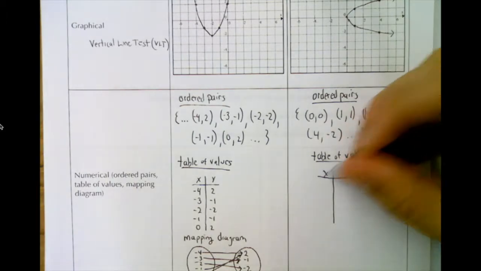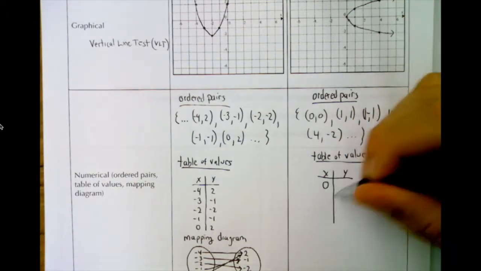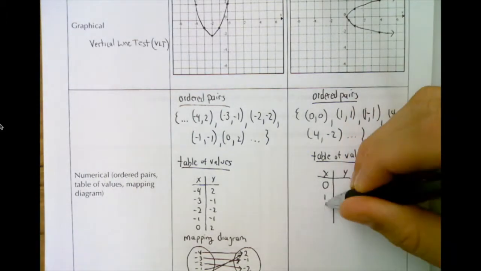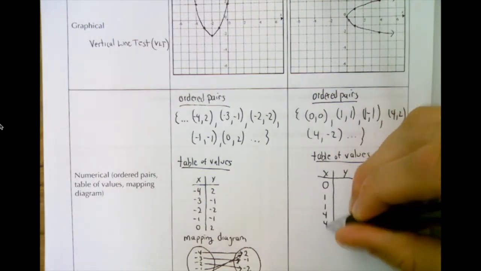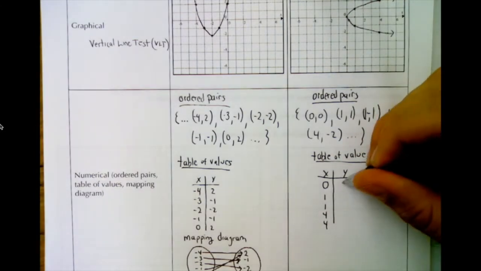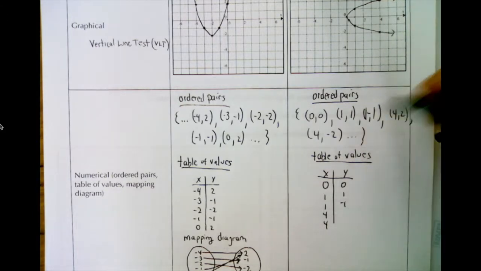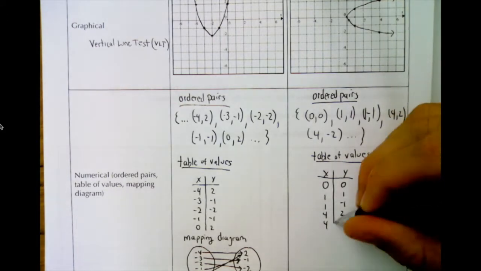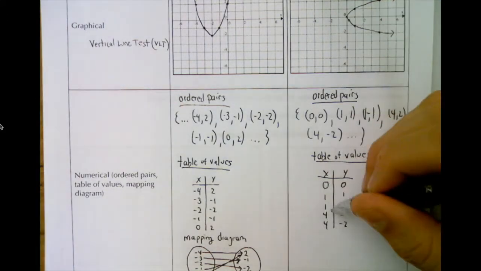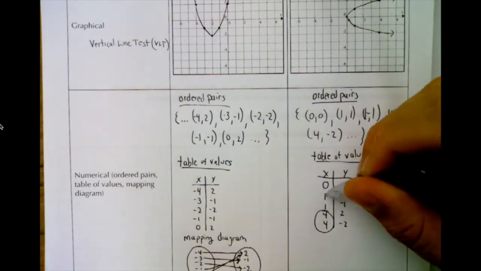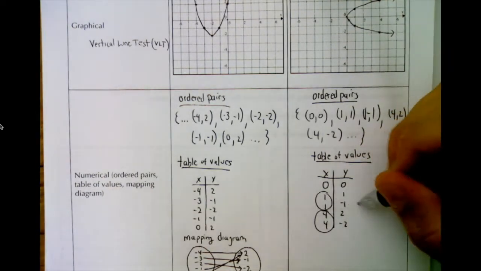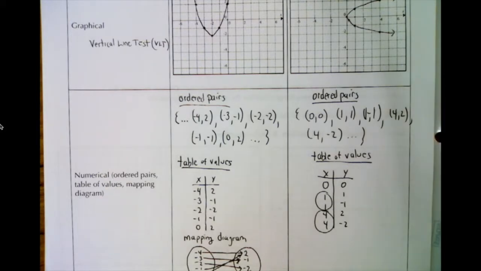Our x's are 0, 1, 1, 4, 4, and our y's are 0, 1, -1, 2, -2. And what you see in your table is you have repeated 4s and repeated 1s producing two different y values. So we have not a function there.